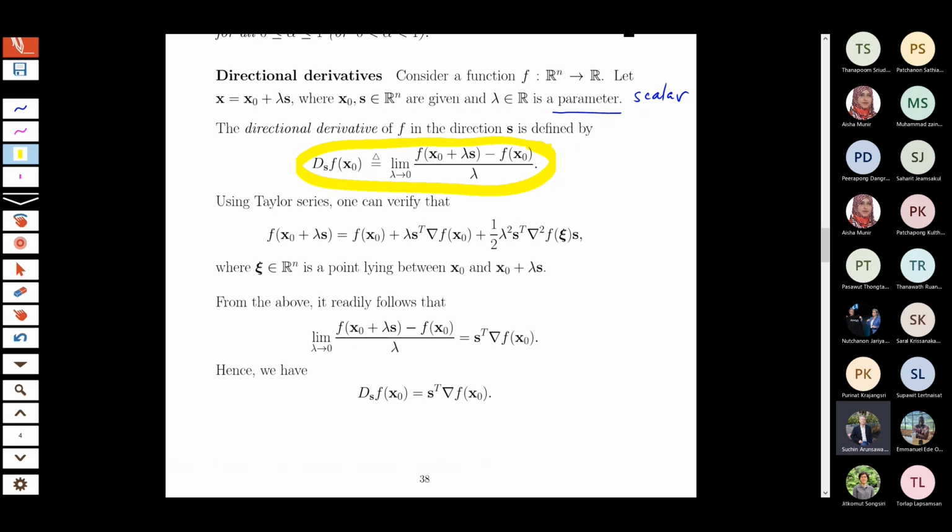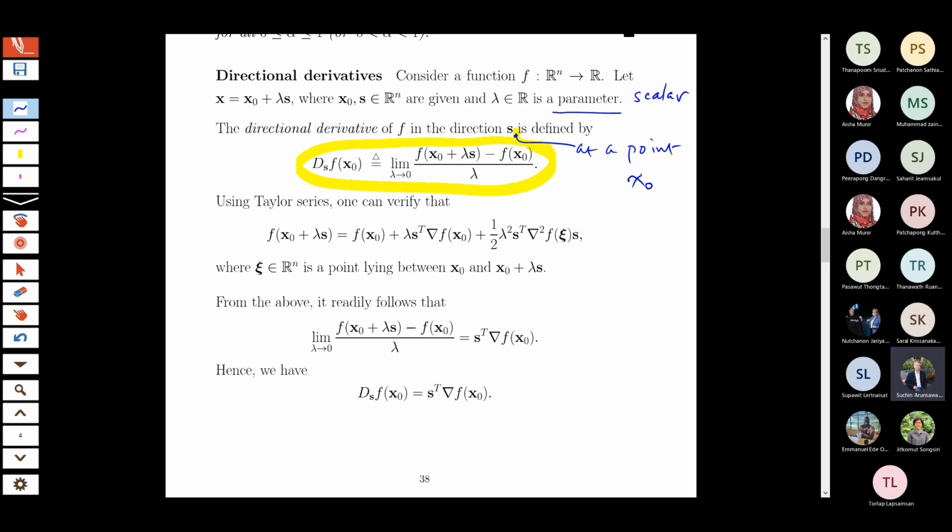We use the subscript s, f_s of x naught, to denote the directional derivative of the function f in the direction s at the point x naught.